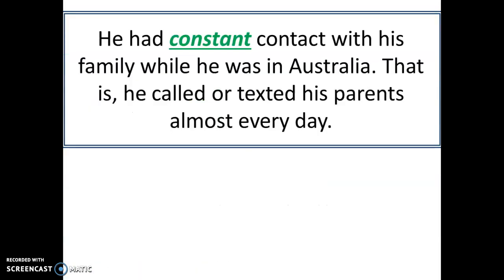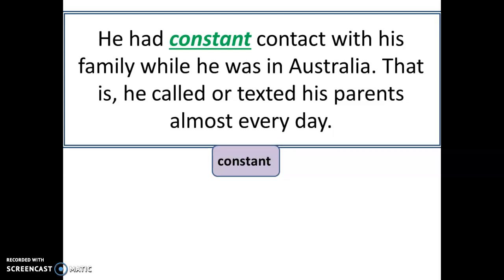Okay, here we have an adjective, constant. He had constant contact with his family while he was in Australia. That is, he called or texted his parents almost every day. As you know, when we see that is, that's another explanation for the previous sentence.